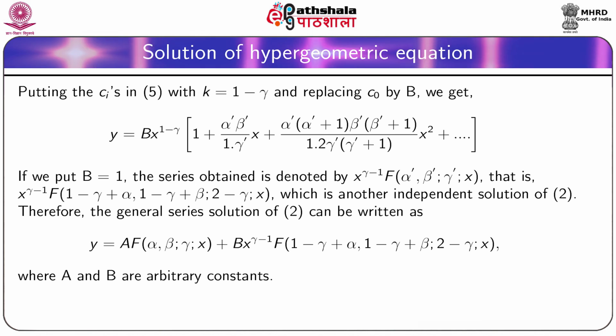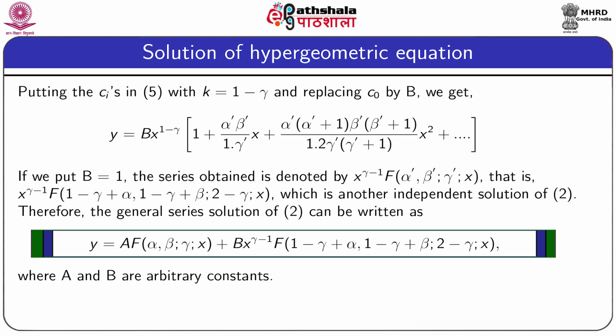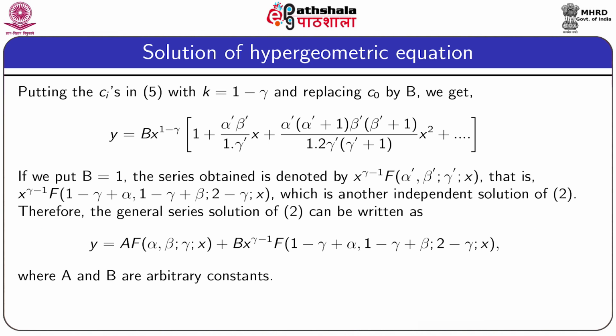Therefore, we conclude that the general series solution of the hypergeometric equation given by equation number 2 can be written in the form y equal to a times f alpha beta gamma x plus b times x to the power gamma minus 1 f of 1 minus gamma plus alpha, 1 minus gamma plus beta, 2 minus gamma x, where a and b are arbitrary constants.